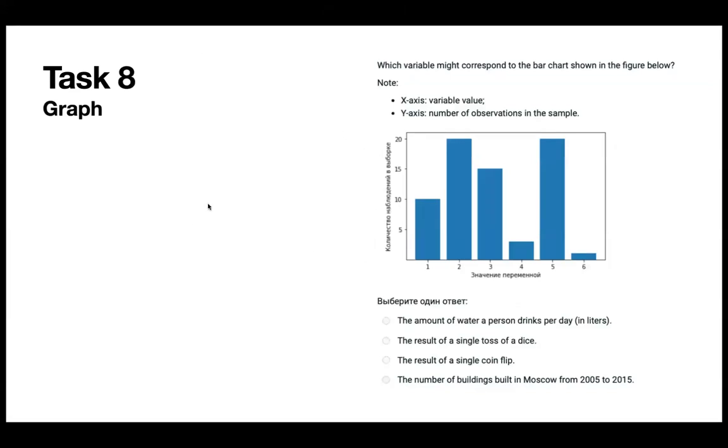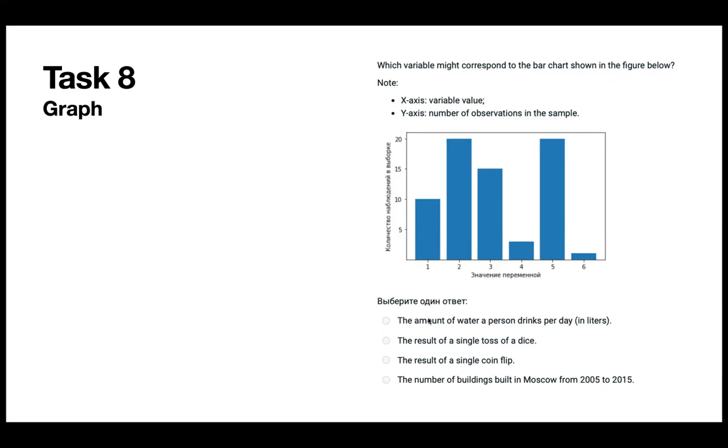Well, here we got the task on the same topic as, I don't remember what task it was. It was 4 and I think task 2. So let's take a look at the statements. The question here is which variables might correspond to the bar chart shown in the figure below.